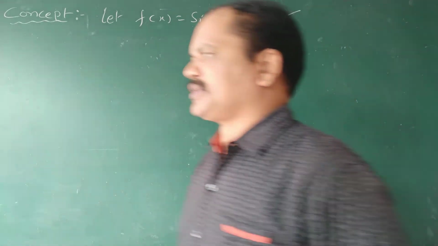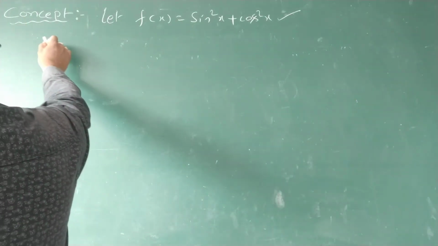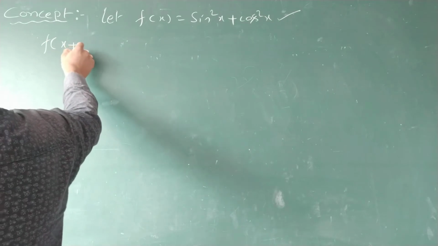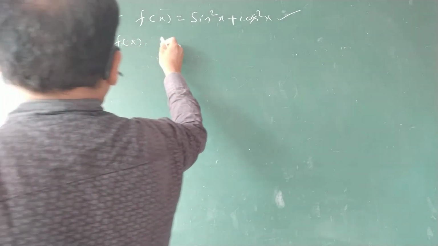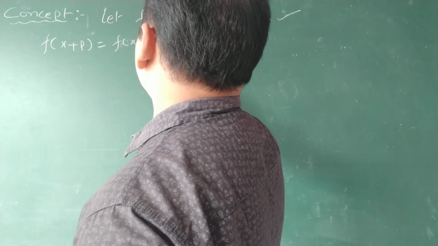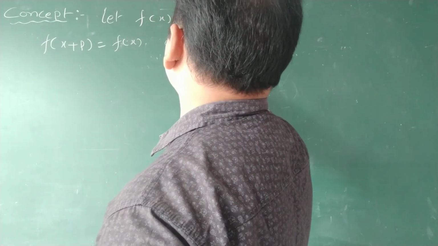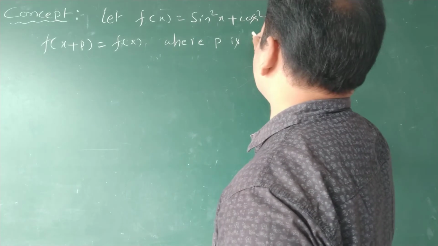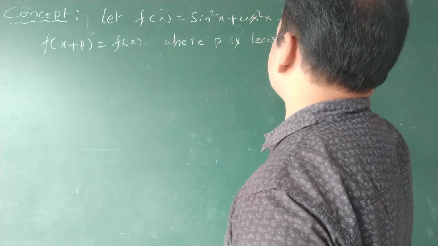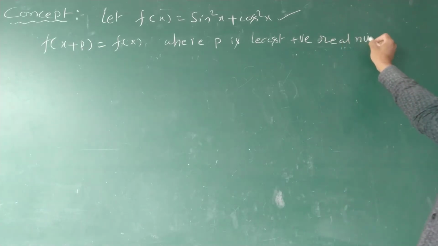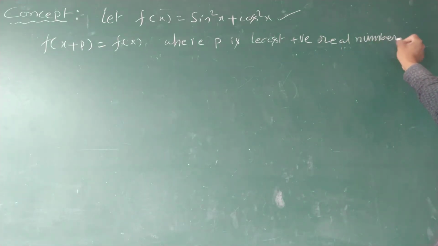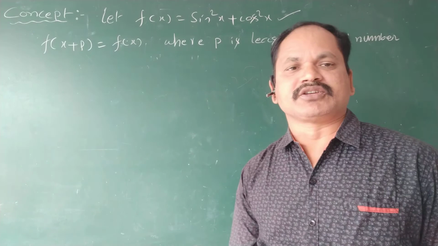The definition of the period is f of x plus p is equal to f of x, where p is the least positive real number.